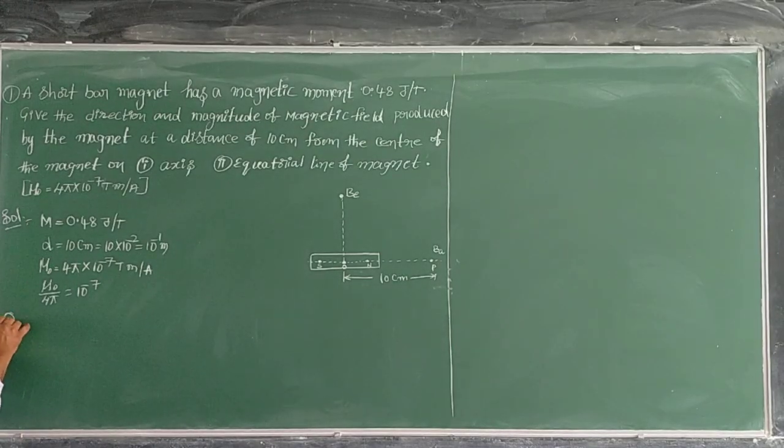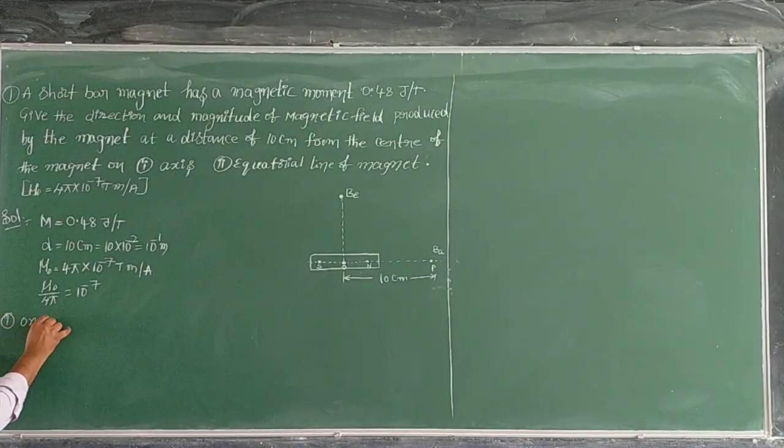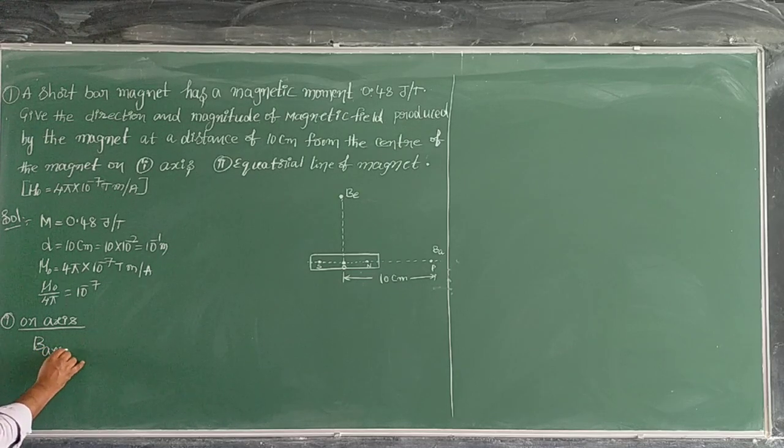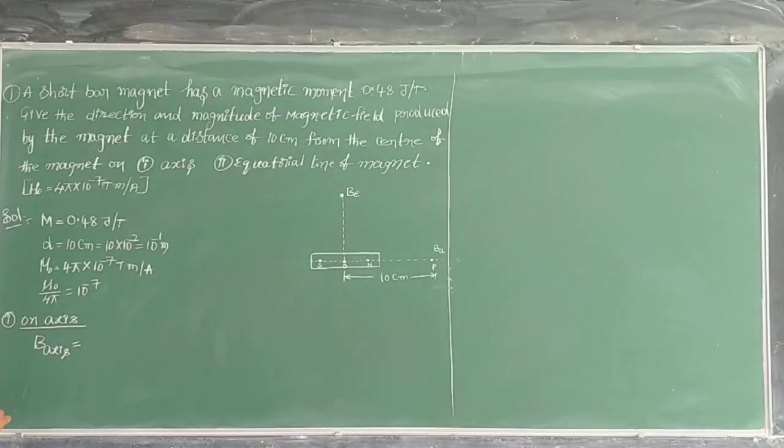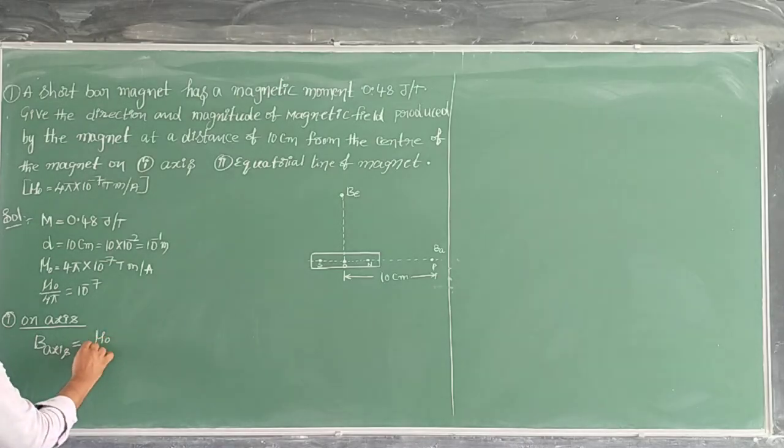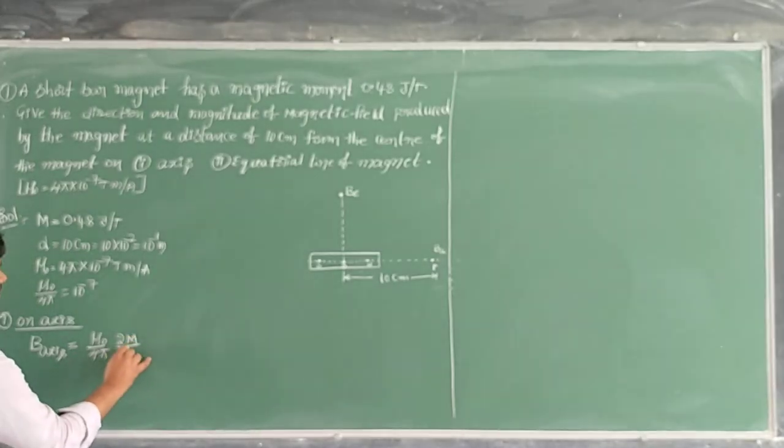Very first case, I am taking on axis. The magnetic field on the axis of the bar magnet is given by the formula mu naught by 4 pi into 2m divided by d cube.